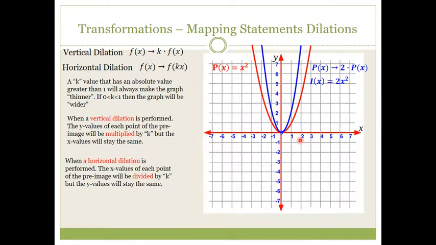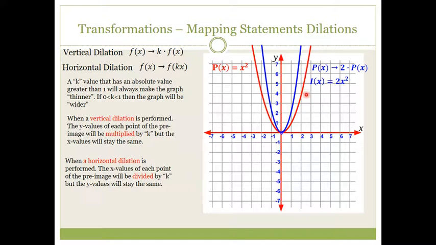So another example here is in the original pre-image x squared, when I put in an x value of 2 for the x, I get the output of 4, and we can see that on this graph. All right, so on the new graph, on the image, if I plug in a 2 for the x, then I square it and multiply it by 2, I get 8.